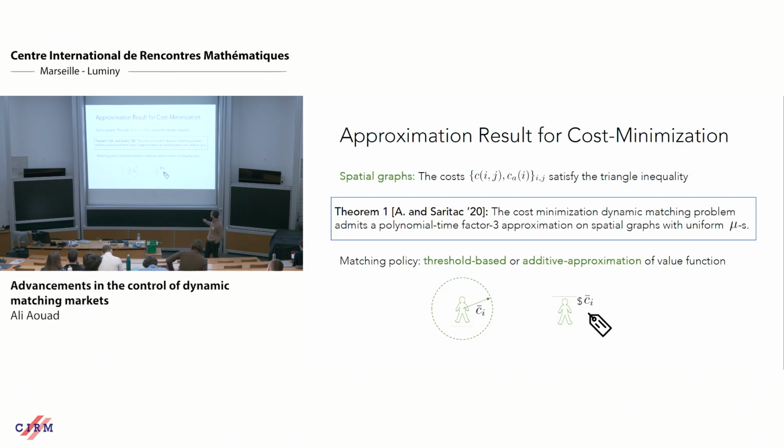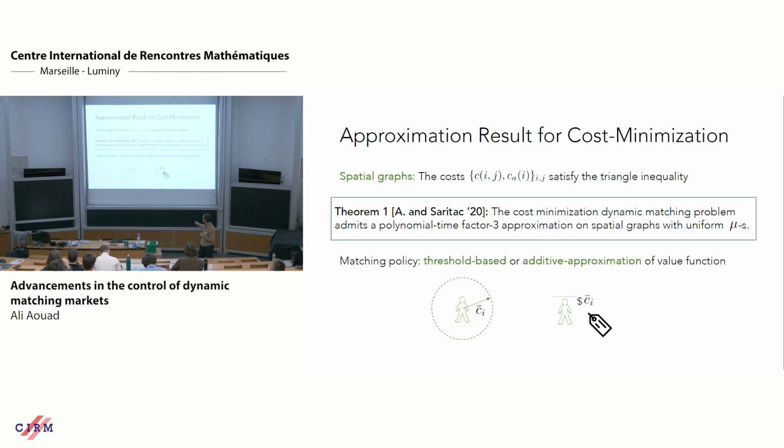So that's one type of policy that leads to this result. Another type of policy puts a price tag on each agent type, which you can think of as the value for the future, and then uses that to construct an additive approximation of the value function. In the DP, you can think of making decisions between matching now or waiting for later, and that waiting for later is the reward to go.